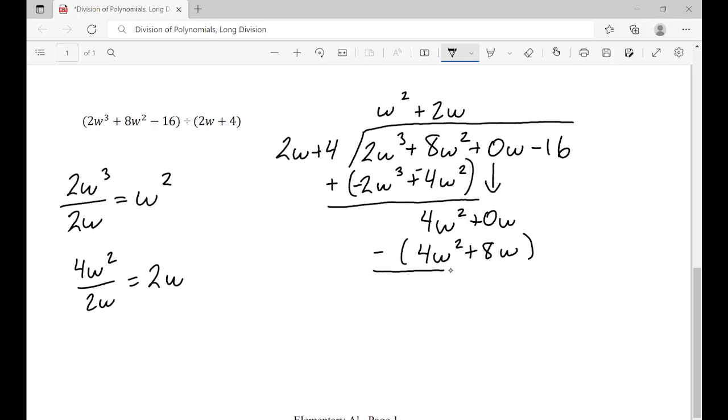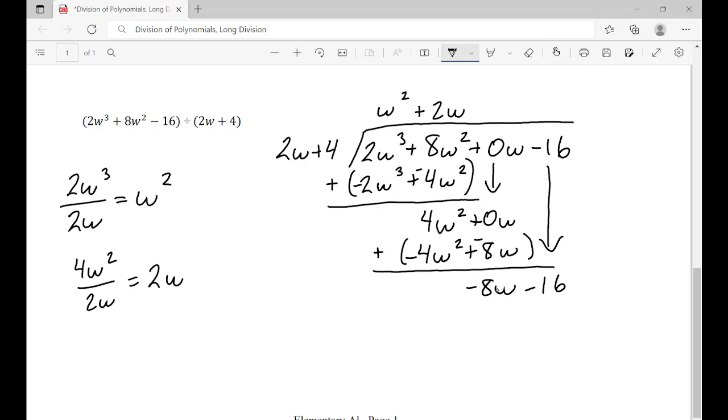Put in parentheses and subtract, which I'm just going to change the sign to make it a little bit easier. So negative and negative. So 4w squared plus negative 4w squared is 0, so it's gone. 0w plus a negative 8w is just going to be negative 8w. And then bring down that term.